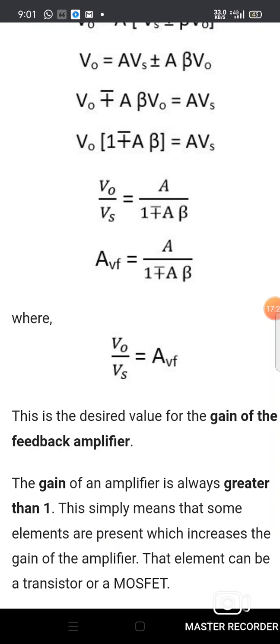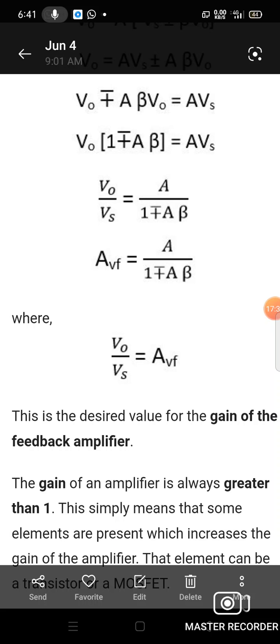So AVF or AF, the voltage gain with feedback, is equal to A by 1 plus or minus A beta, where V0 by Vs is equal to AVF. So in the denominator we have two signs, one plus and another minus, right?